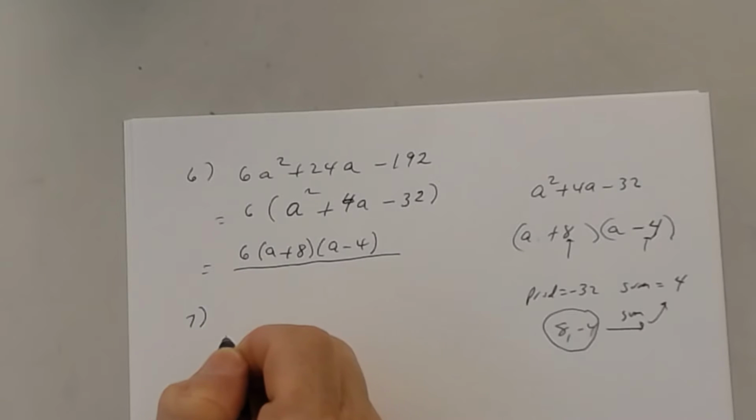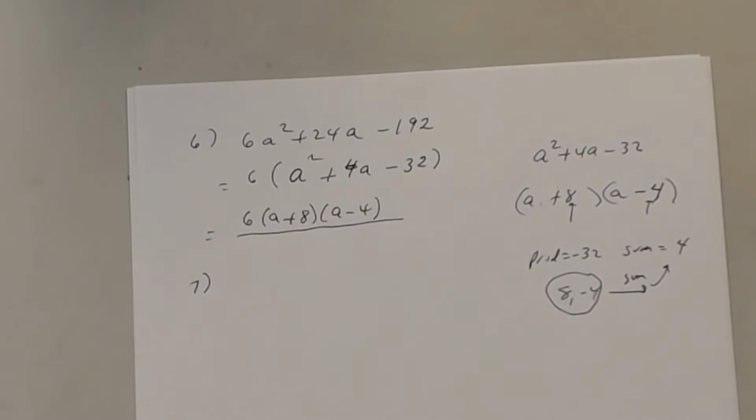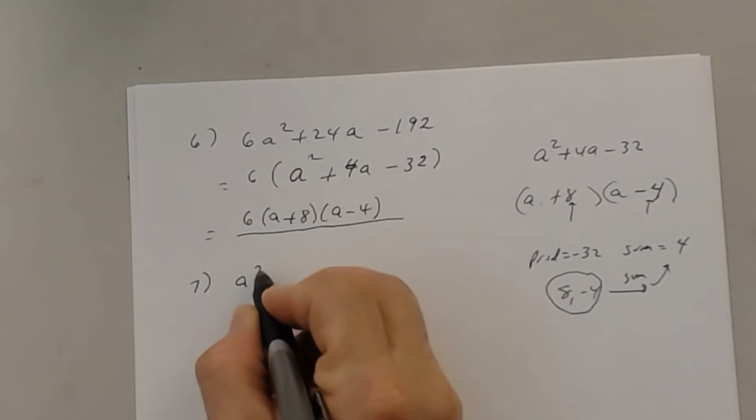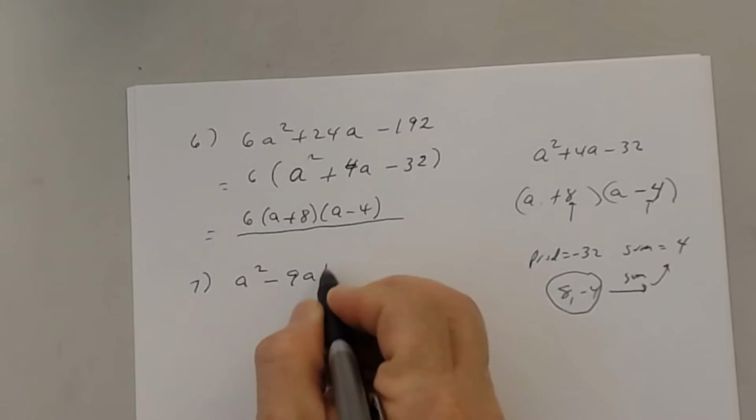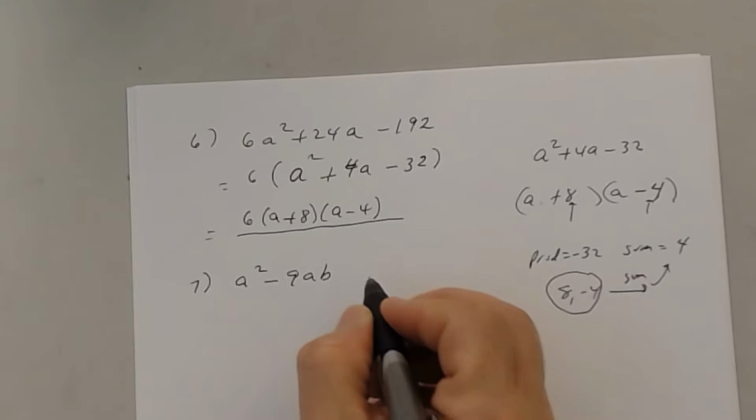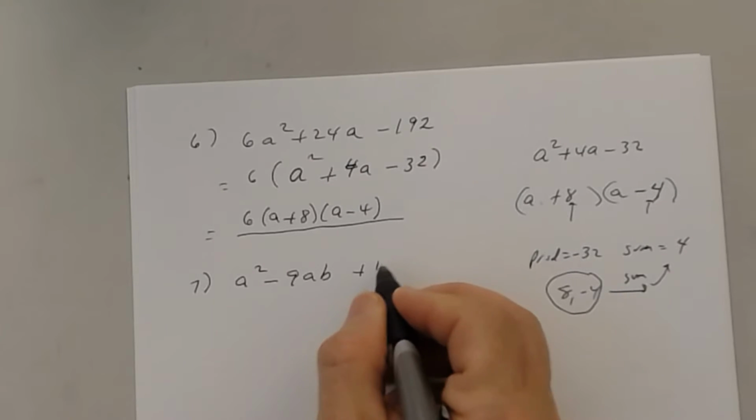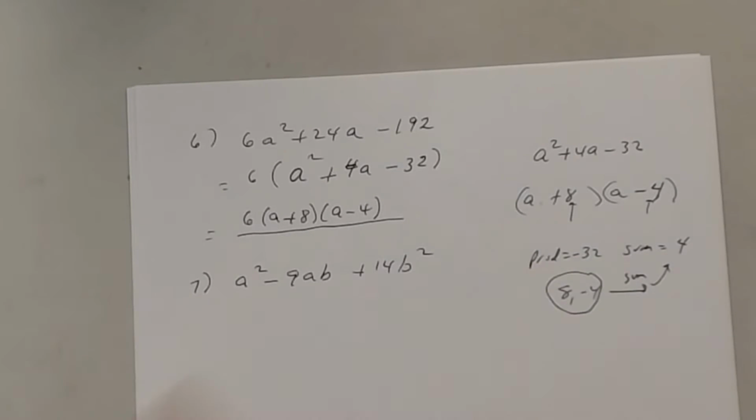All right, number 7. Let's look at 7 first. You have A squared minus 9AB plus 14B squared. So now you see two letters, whereas in the previous 6 problems, the trinomial only had one letter.